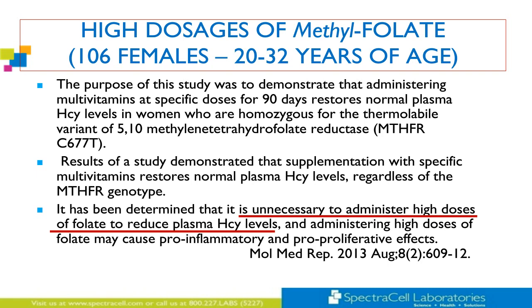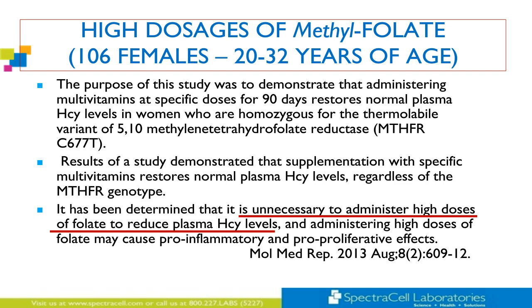If you don't need a sledgehammer to drive in a thumbtack, I would just say be prudent with mega high doses of methylfolate, because too many folate groups in some individuals can precipitate agitation. And this is a very nice study of young women where high doses of methylfolate are not needed to keep homocysteine levels decreased.